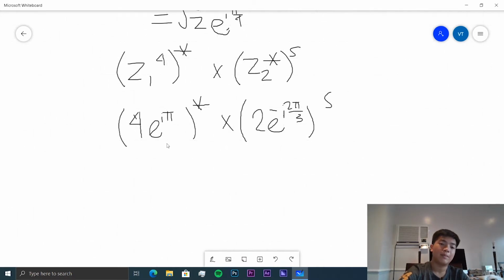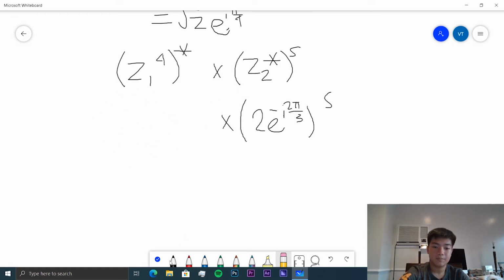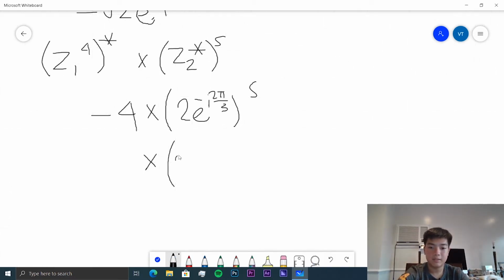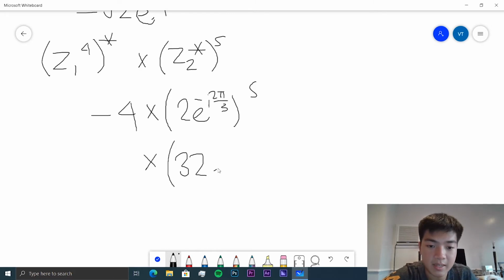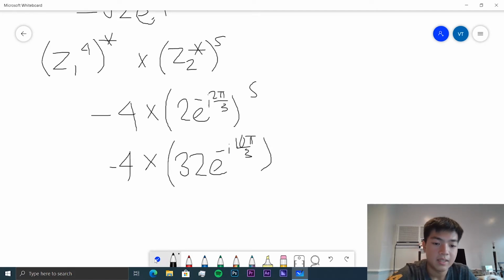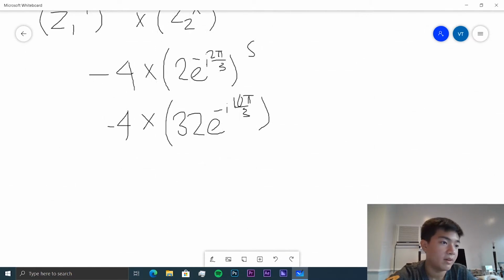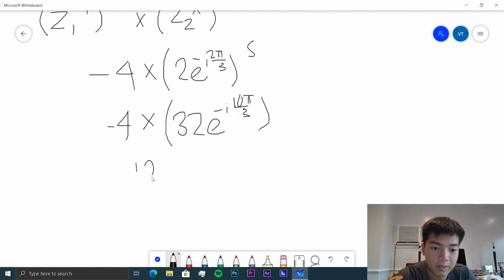So we have negative 4 times 2e to the i, whatever that will be. 2 to the 5 is 32, e to the negative i 10 pi over 3, times negative 4. Since this is negative, remember we flip the sign over here, so we actually end up with 128 e to the i 10 pi over 3.